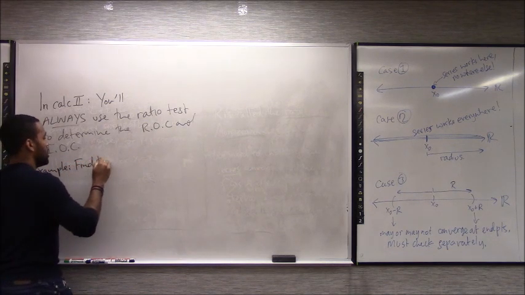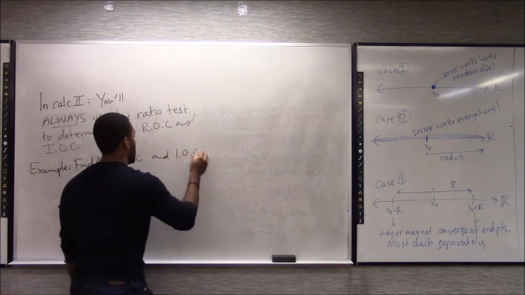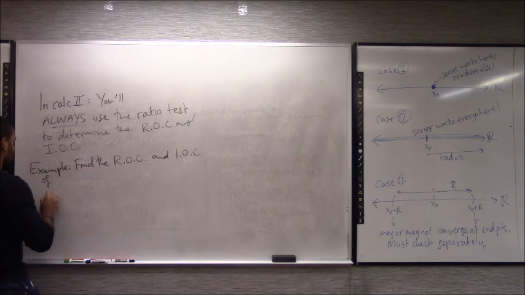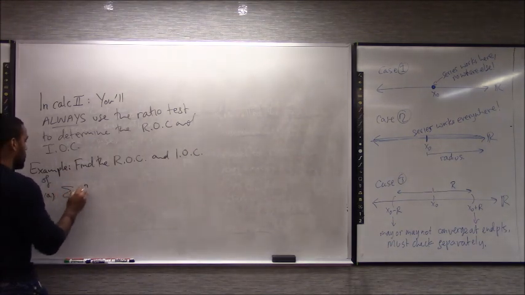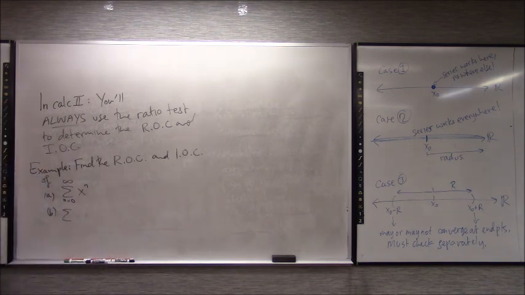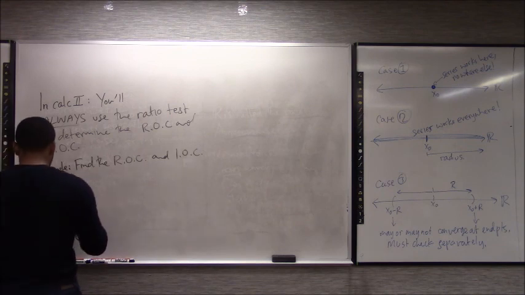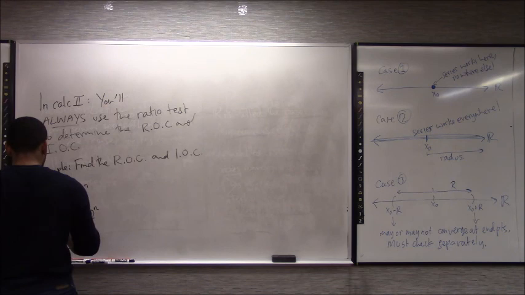Find the radius of convergence and interval of convergence of the following. Here is a series: the sum of x to the n, n equals 0 to infinity. The sum of (x minus 4) to the n over 2n, n from 1 to infinity.